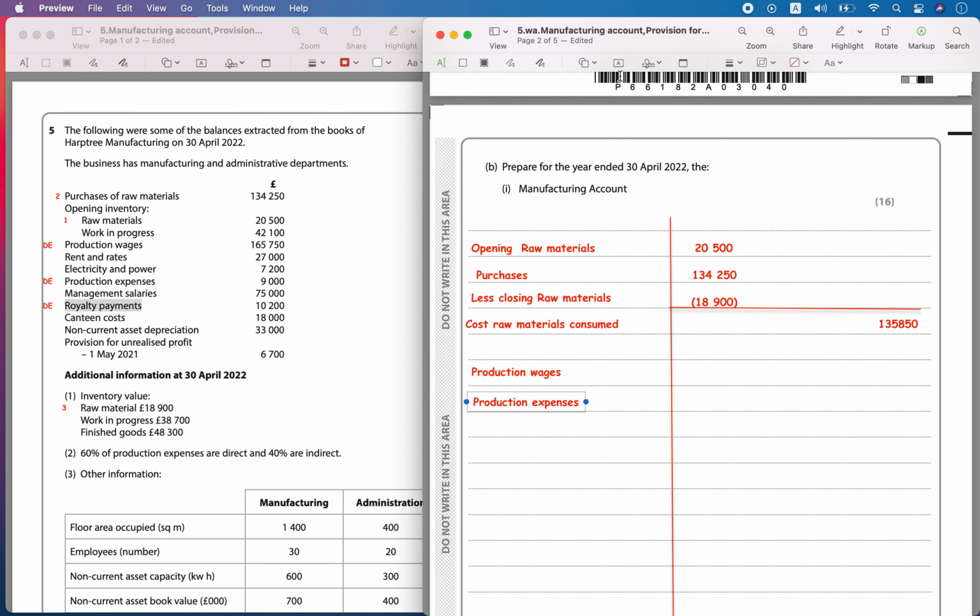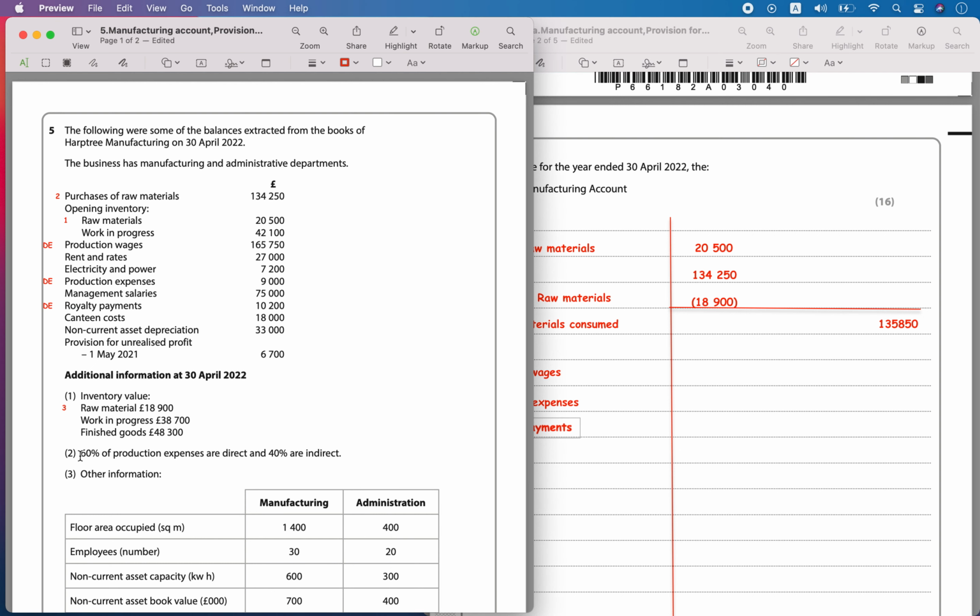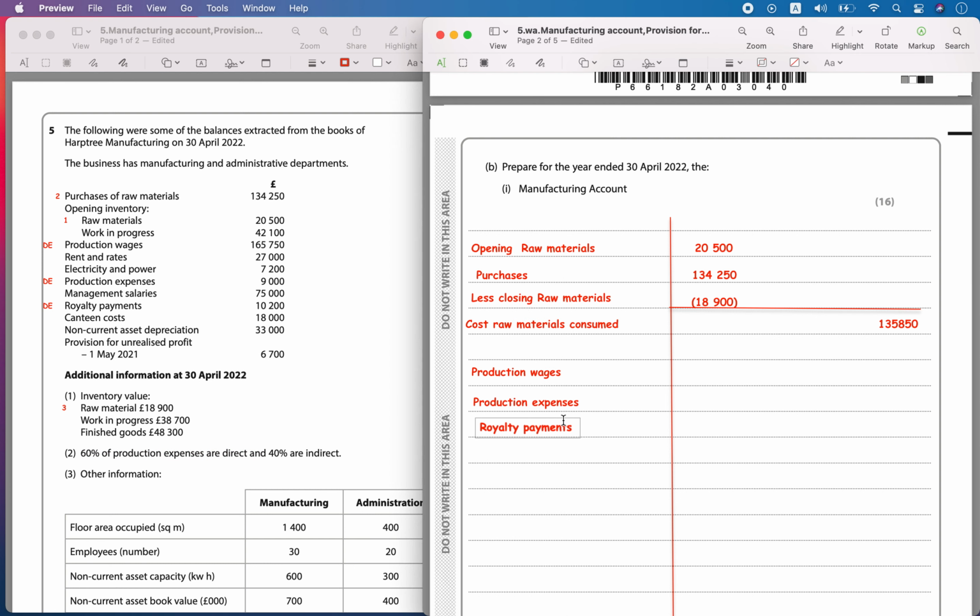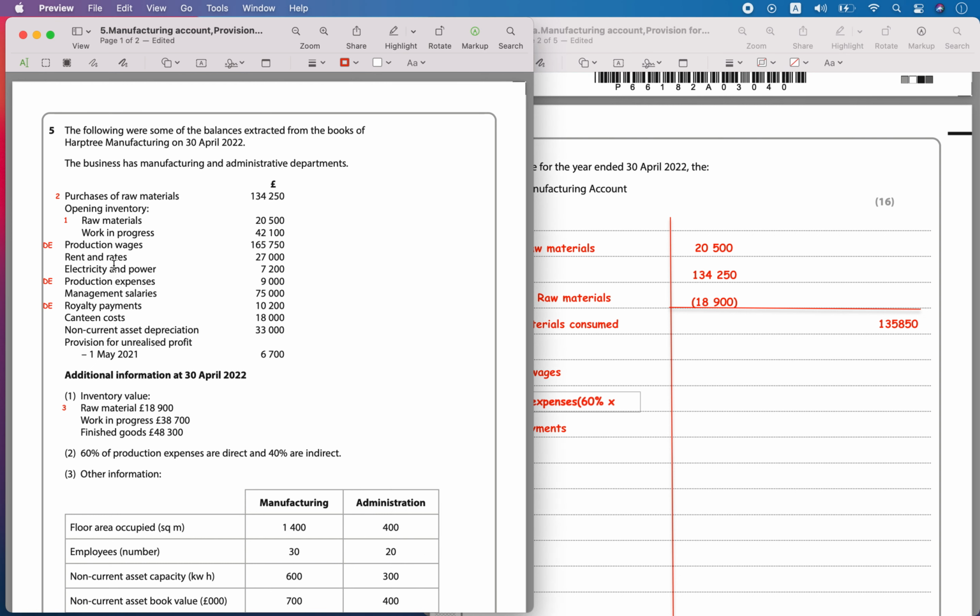But here it is given 60% of production expenses are direct and 40% will be indirect. So let's calculate for this production expense alone. It will be 60% of 9,000.